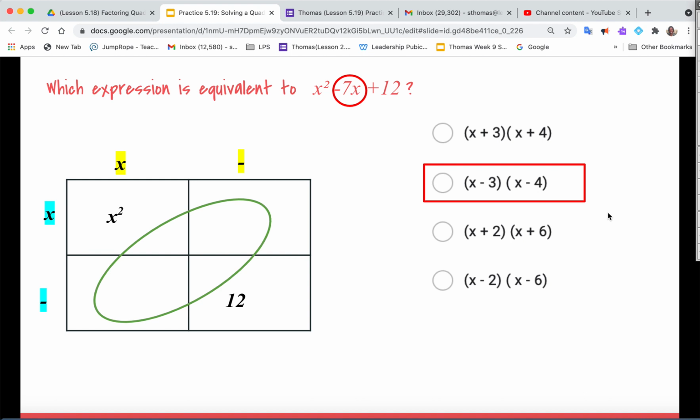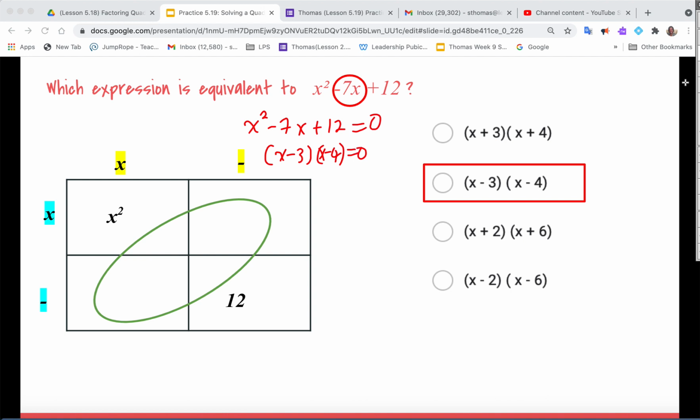The other question we're asking is we're going to solve the equation. So if we set the equation equal to 0, x squared minus 7x plus 12 is equal to 0, then it's the same as setting the factored form of the expression equal to 0, and the factored form is x minus 3 times x minus 4.